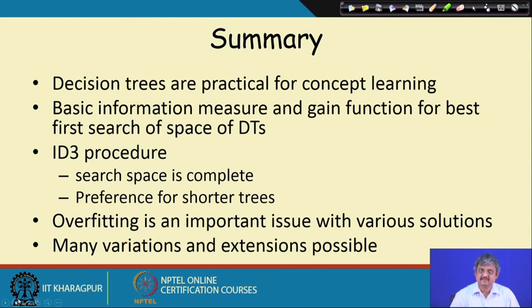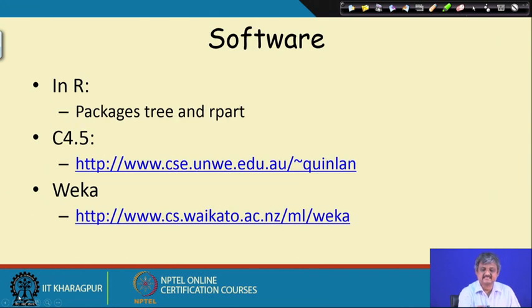So, if you are faced with a classification problem with say discrete attributes or few values, the first thing to try is a decision tree. If it does not give good accuracy, you go for other algorithms. And decision tree is implemented in most of the software. So, with this, these are some of the software which you can use to implement a decision tree.